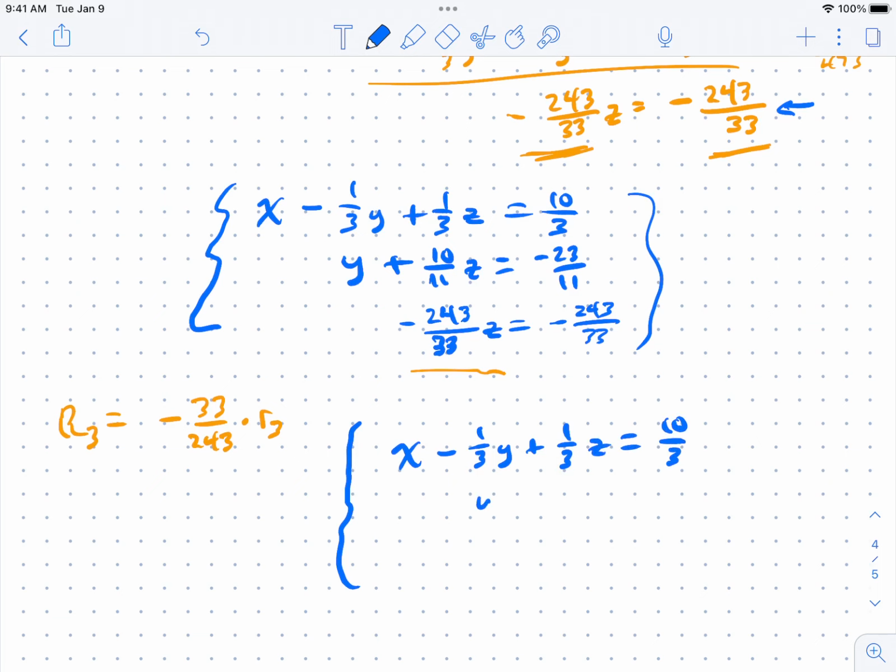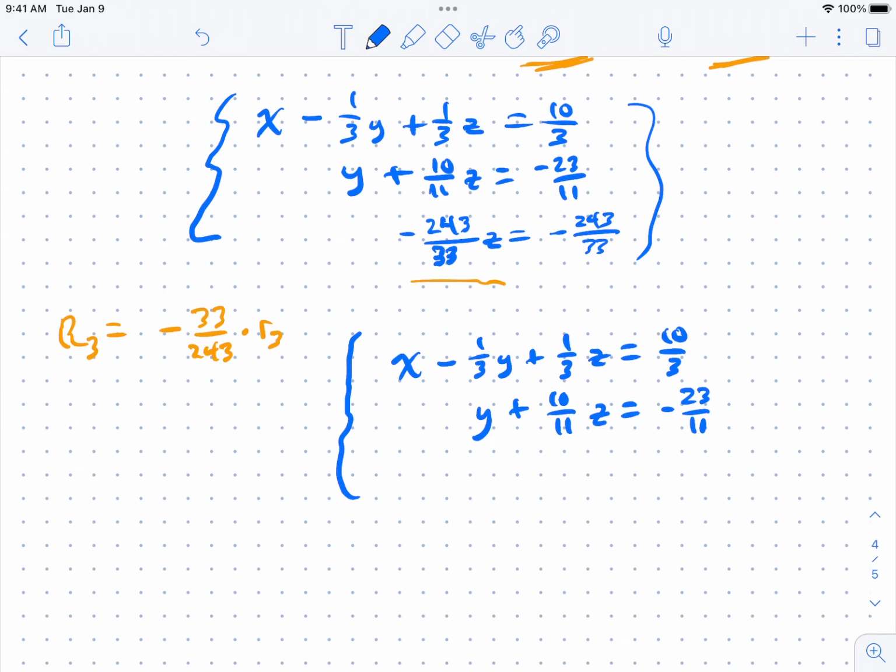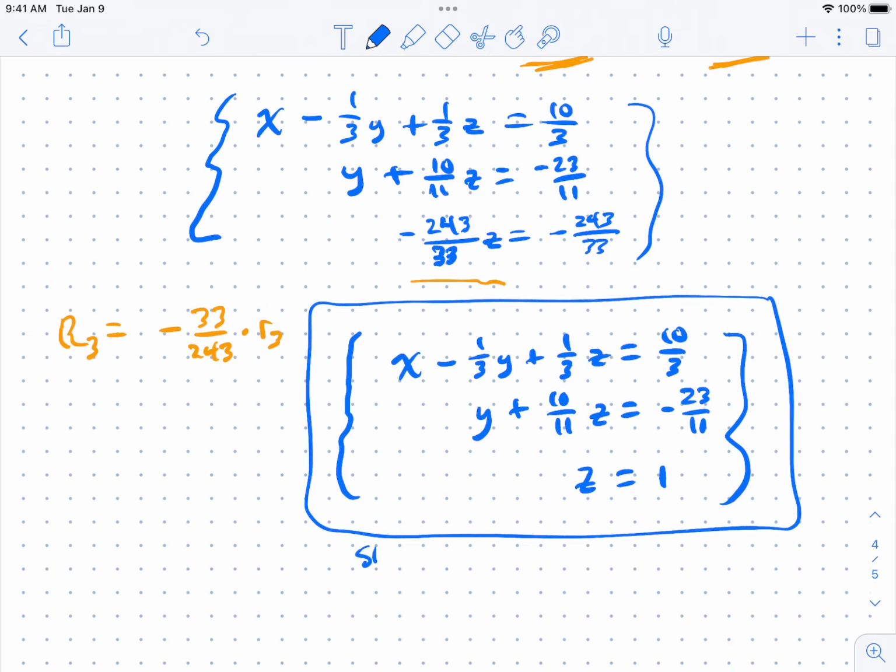Here you're going to get y plus 10/11 z is equal to negative 23/11. And our bottom row has become so nice. Z is equal to 1. Oh, you got to love that. This is our simplified system.